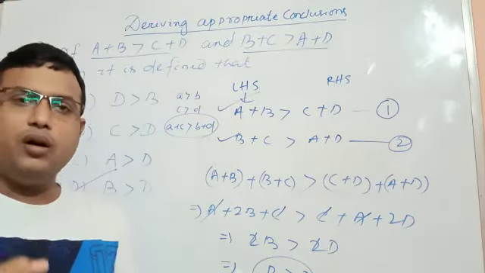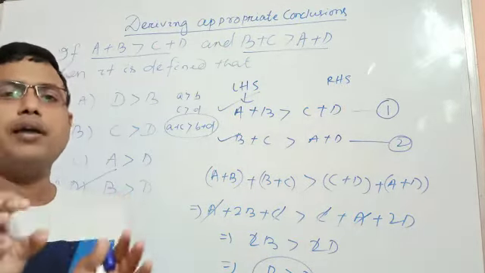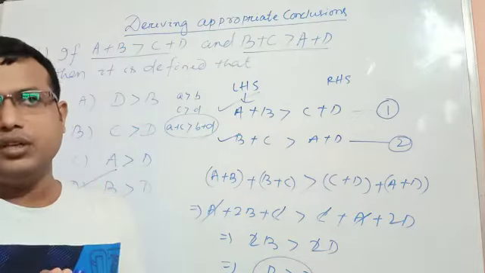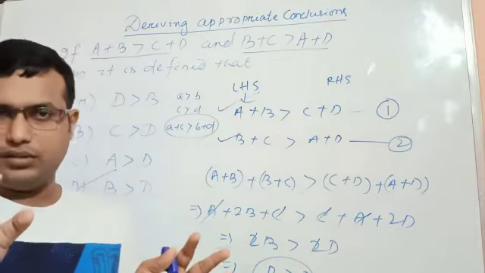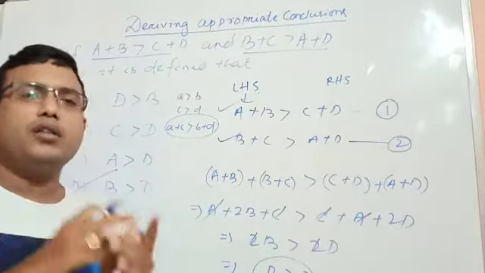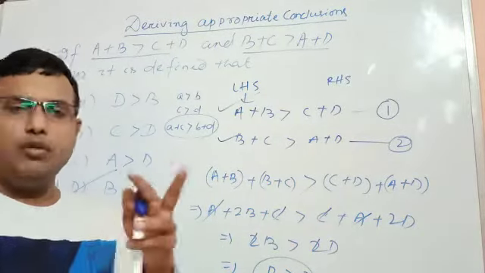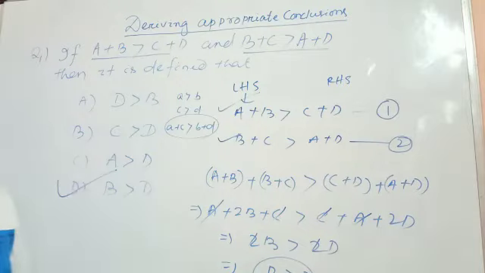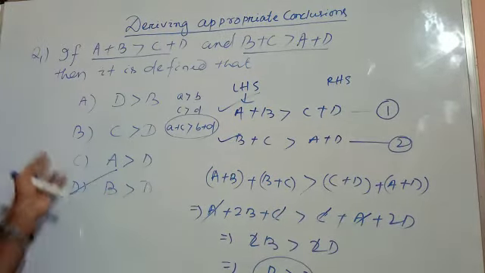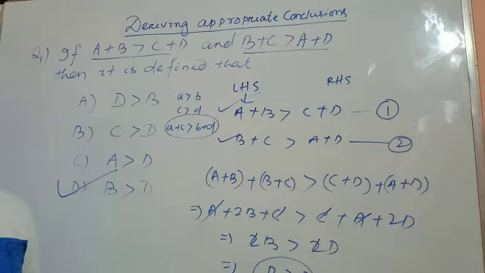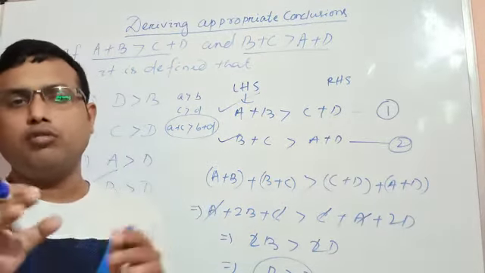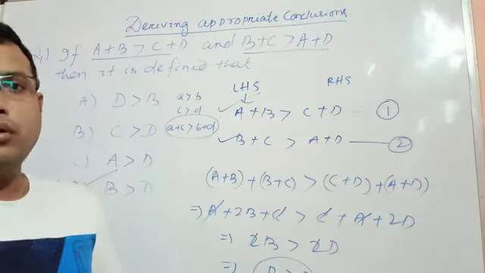So from the options you choose which one is 100% correct. 100% correct means there is no either or, neither nor case in this pattern. But in the case of inequality, there are concepts like either or, neither nor, only one follows, only two follow, etc. But here only one conclusion is definitely correct and you choose it from the options. So this is called deriving appropriate conclusion. Let's take some more examples.